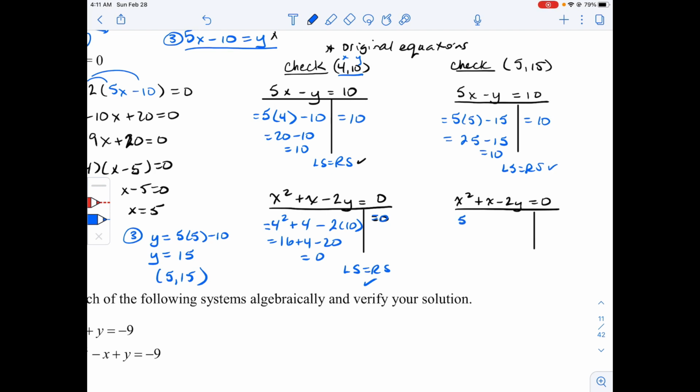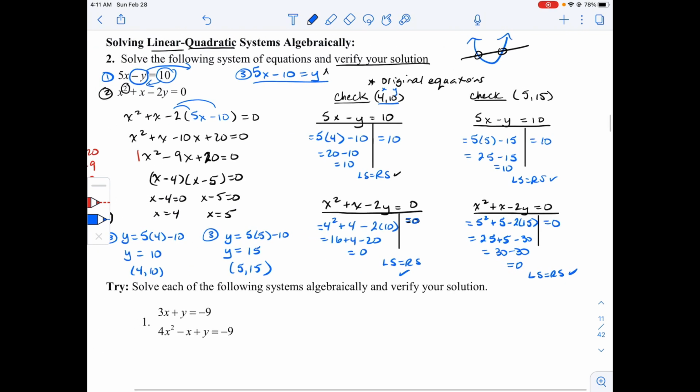And of course, again, we're going to sub in our 5 squared plus 5 minus 2 times 15, and this should equal 0. 25 plus 5 minus 30, and that's 30 minus 30, which is equal to 0. So again, our left side is equal to our right side. So there we have it. We've done a proper check with both solutions, both equations, which means we basically have 4 components to our check.